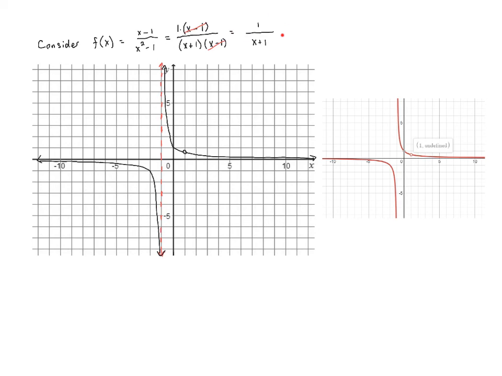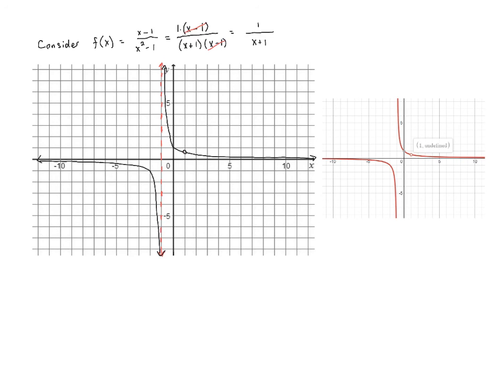The simplified function is almost the same as the original function, but the thing that might change is the domain. We might have one number in the domain that's different between the original function and the simplified one, and what that'll correspond to is one point on the graph that's going to end up being different.